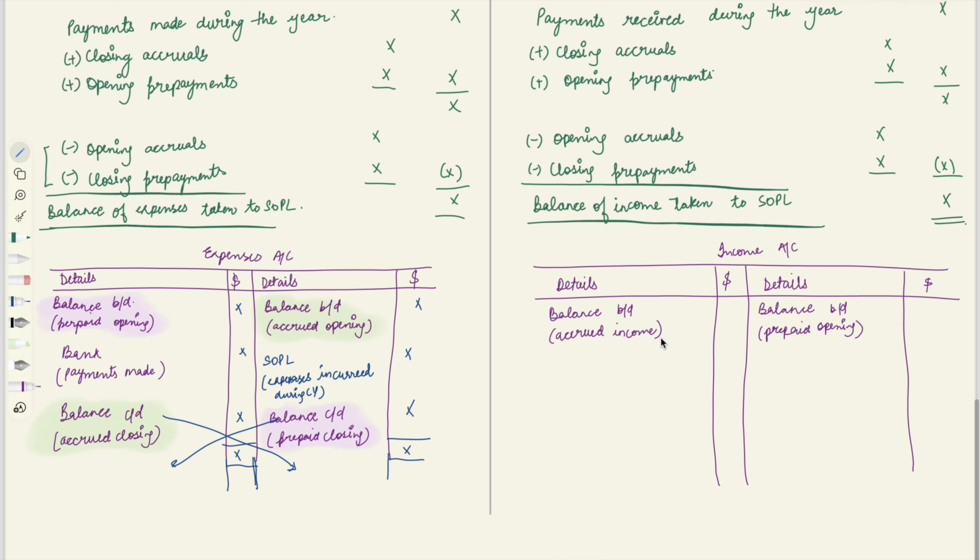Next we need to include the payments received first. So bank account debit, income account credit. Next, we include the closing balances opposite. So for accrued income, opening balances on debit, closing will be credit.